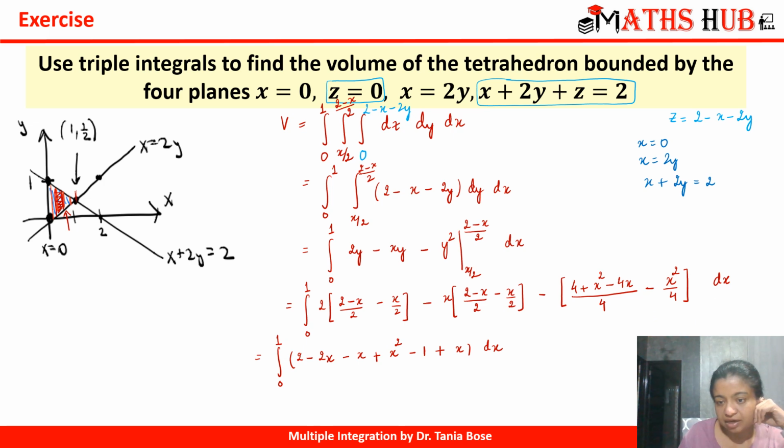Okay. Now let us finally integrate this, or let us simplify first. 0 to 1. So I have x square minus x and plus x will get cancelled. I have 2x minus 2x, and 2 minus 1 would be 1. So this I can simply write as 0 to 1, x minus 1 whole square, right?